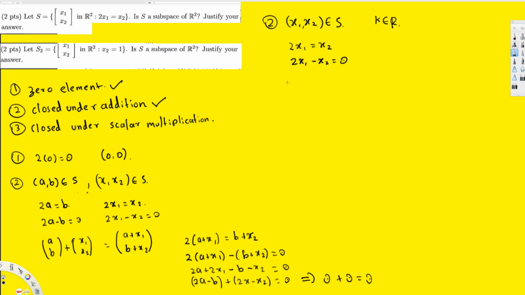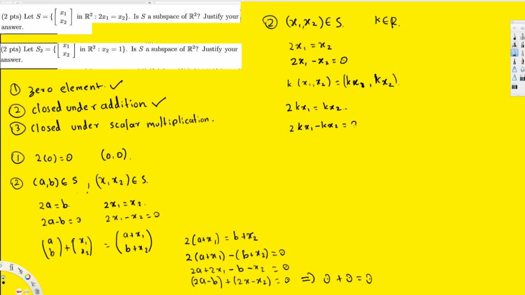If I multiply (x1, x2) by k, I will get (kx1, kx2). What has to happen is that two times kx1 should be equal to kx2, and if I bring it to the other side, this should be equal to 0.